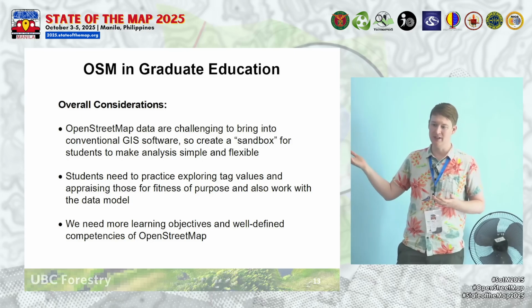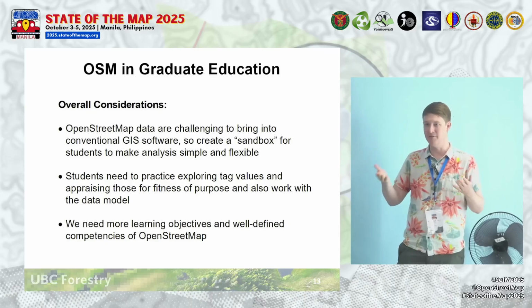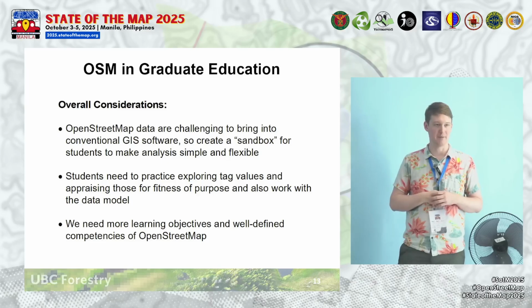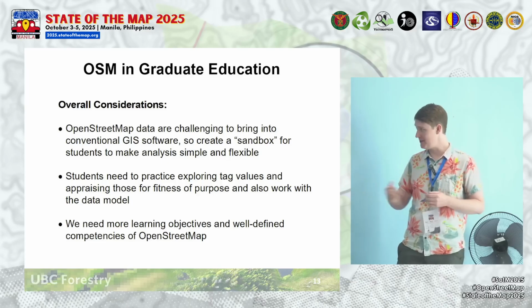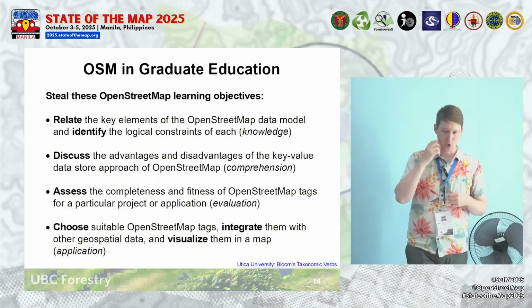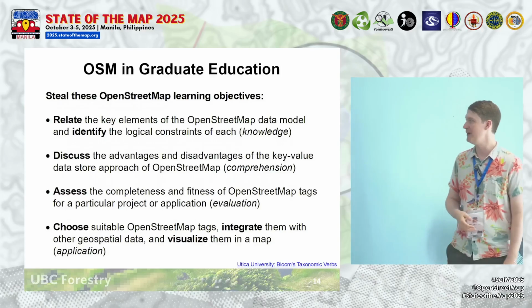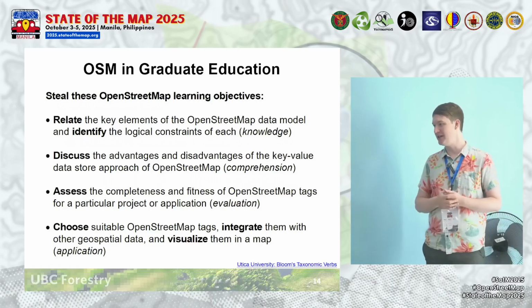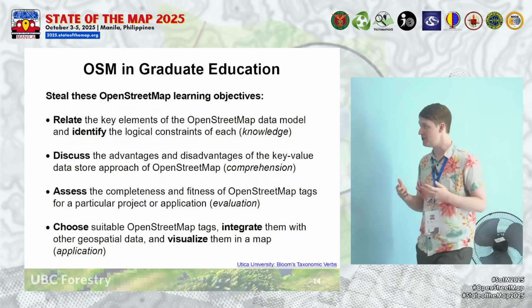And generally, I just think that we need more learning objectives and really well-defined competencies for OpenStreetMap, which, next slide, please, is my final slide, which is to proffer some examples of learning objectives that I think would be useful for teaching OpenStreetMap really at any level.